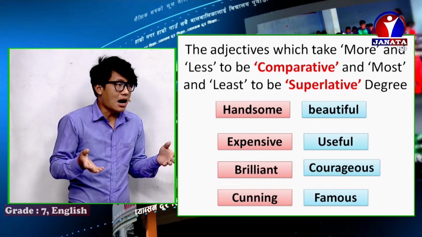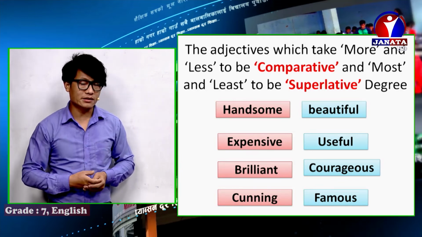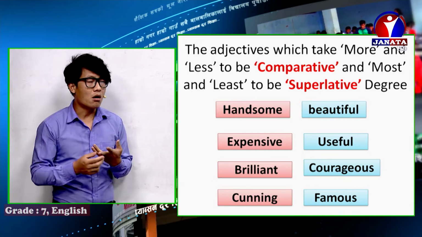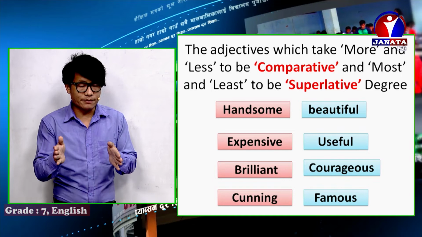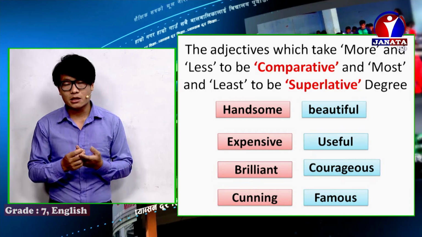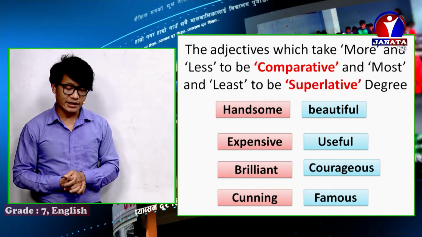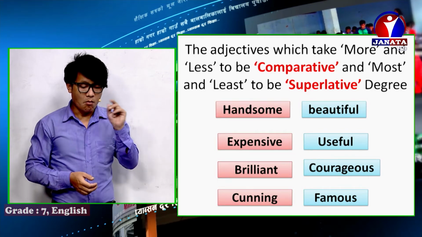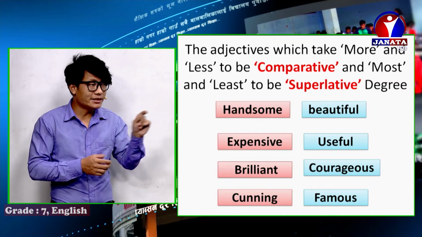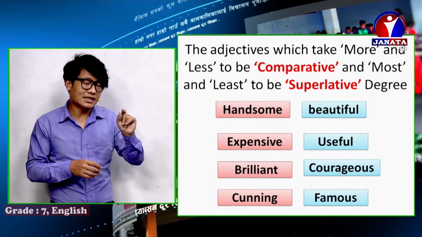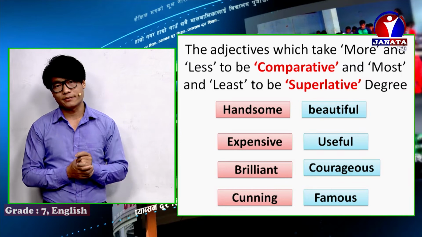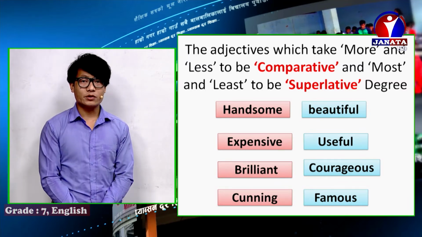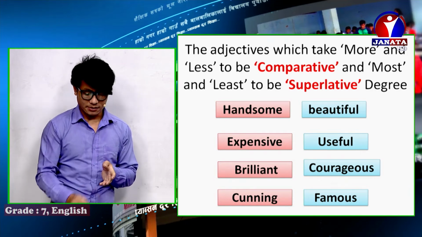There are so many adjectives like this. Like more handsome, most handsome, more expensive, less expensive, most expensive, or least expensive. Okay, so now it's time to use these adjectives.